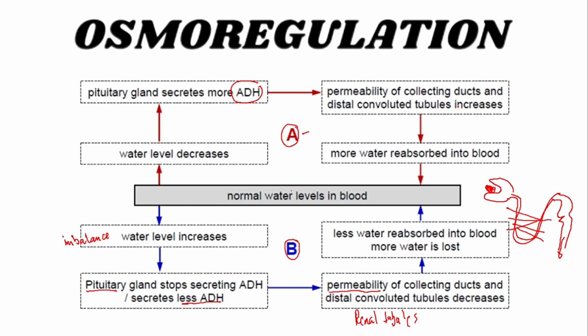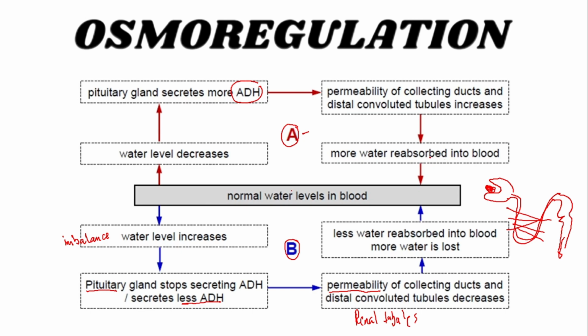Because now obviously the body wants more water, and so the permeability of the collecting ducts will increase. So basically the body will try to conserve as much water, and more water will be reabsorbed into the blood, okay?